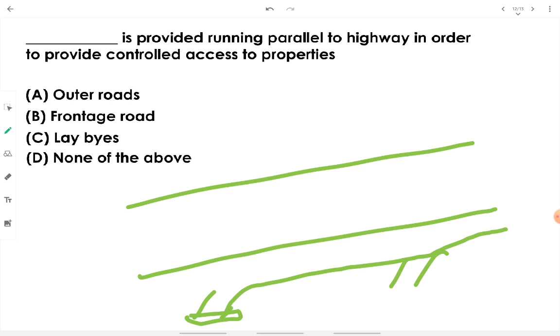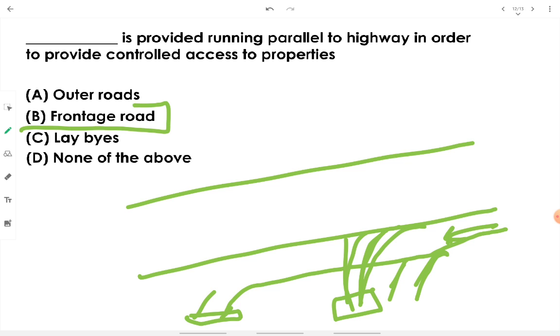If a property or an industrial zone is there, then from the main highway there is no such offset road, no curvature or any kind of parallel road provided. We provide another supplementary parallel road, and from that parallel road we take out some minor roads so that we can have connectivity with some properties. These specific roads are called frontage roads.